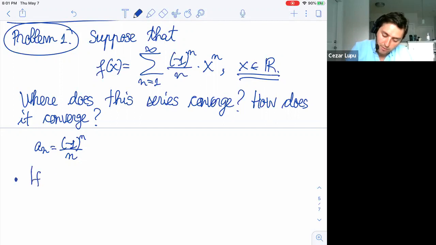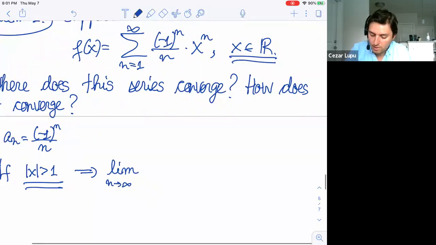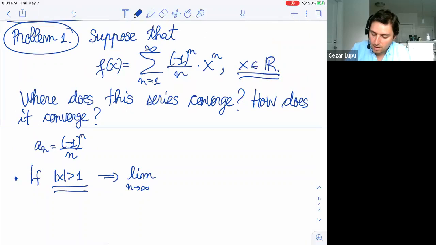If the absolute value of x is greater than 1, this analysis is very, very important, then what can you tell me about the limit as n approaches infinity of (-1)^n over n times x^n?